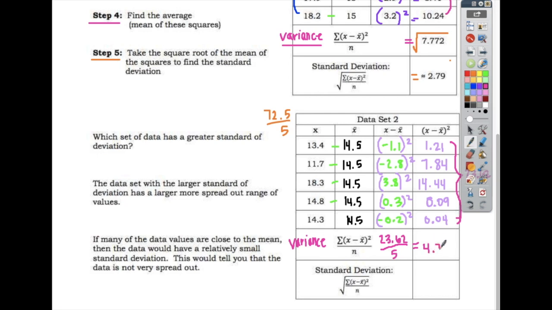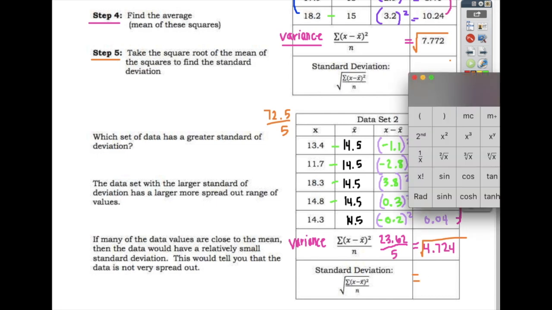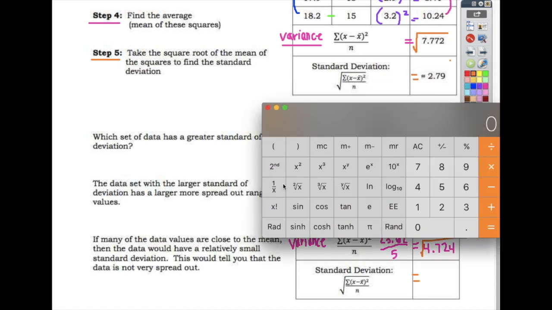Then our last step is finding our actual standard deviation. So we got the variance, we just need to take the square root of that. The square root of 4.724 is 2.17, and we'll just round it to that.